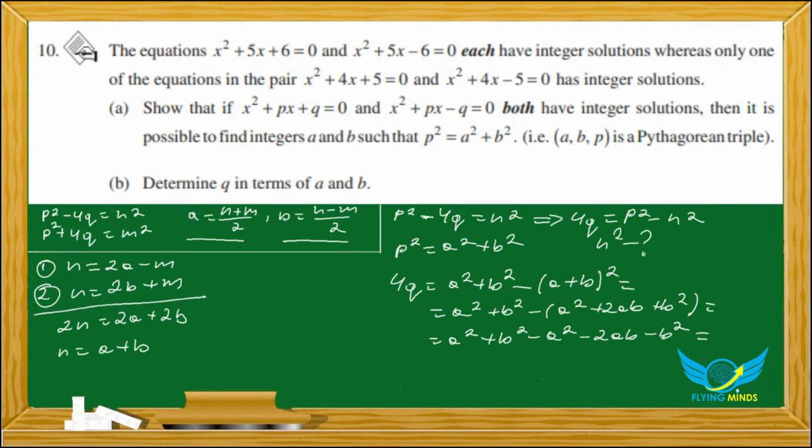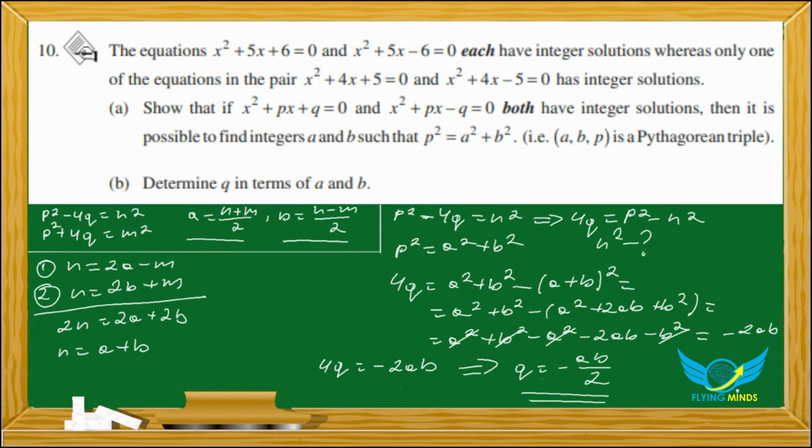And the final answer is, these terms cancel each other. We have negative 2ab. So 4q equals negative 2ab, or q equals negative ab over 2. Okay, so that's the answer.